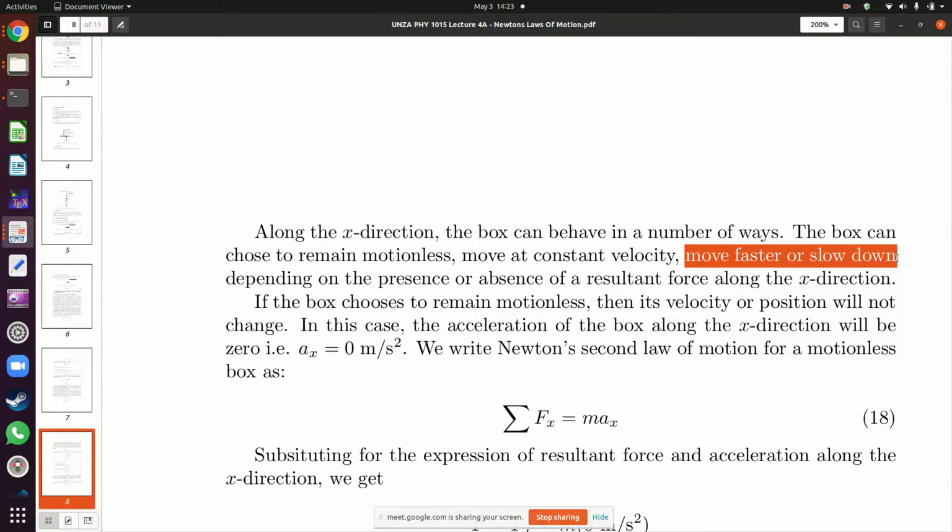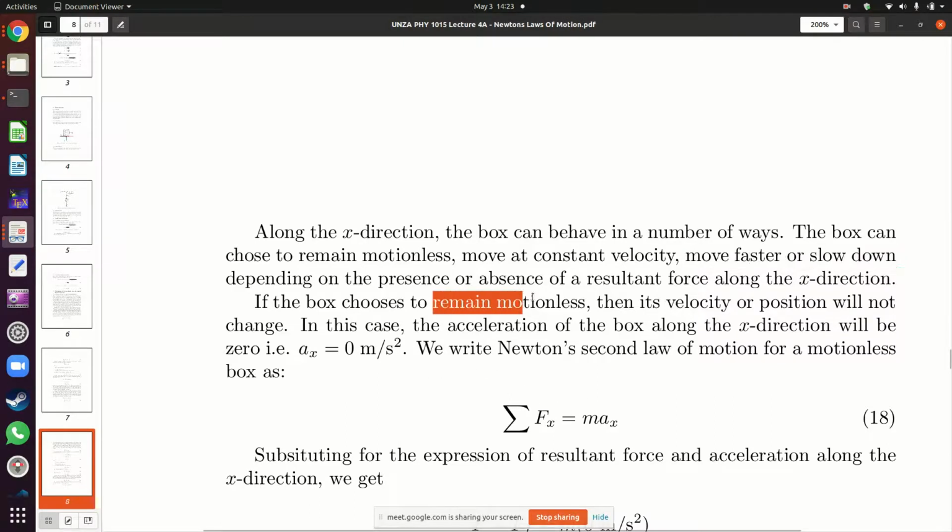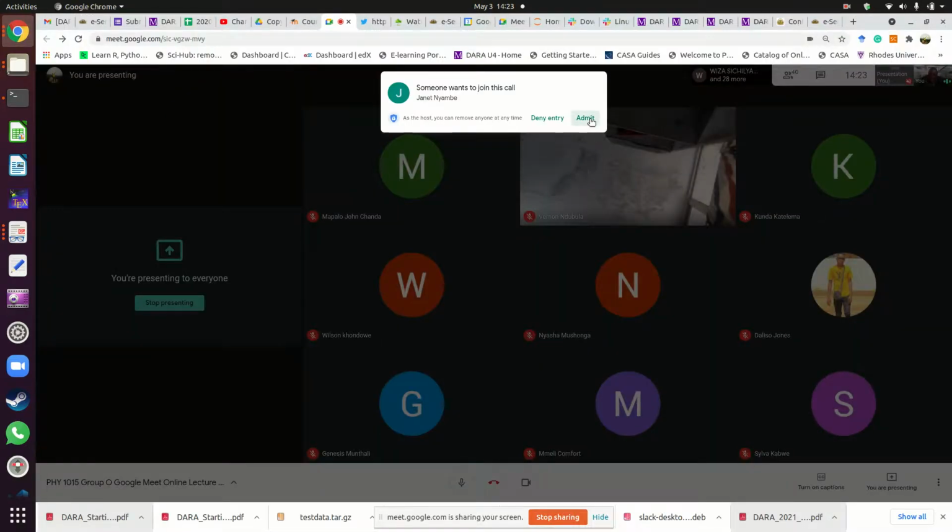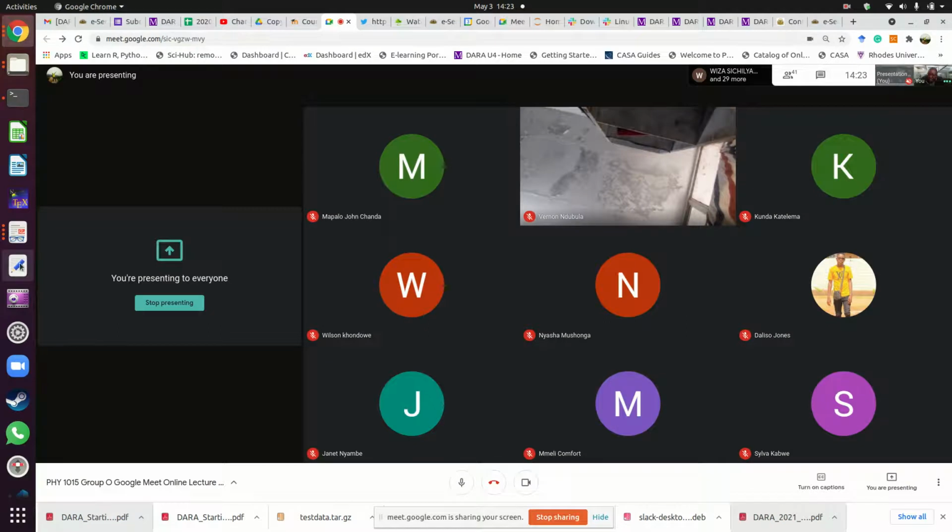If the box moves faster, the acceleration is positive. If the box moves slower, the acceleration is negative. The first case we're going to look at is when the box remains motionless. If the box remains motionless, it means that there is no acceleration.